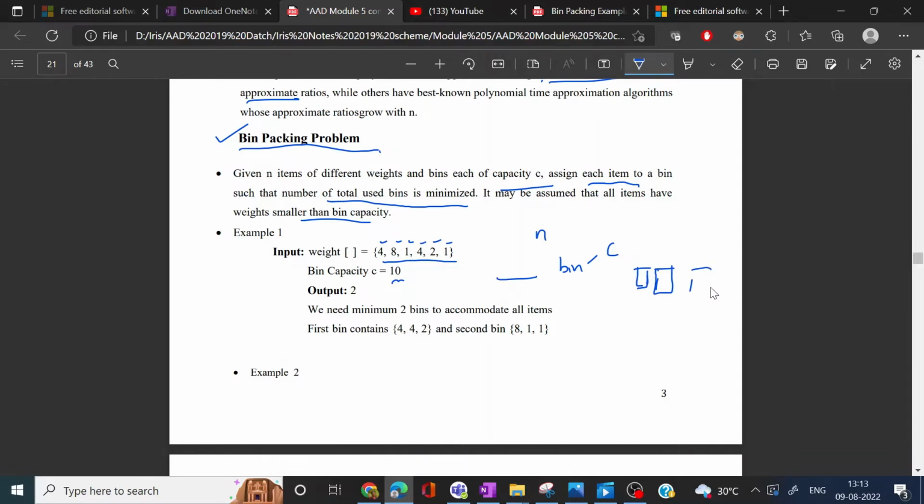So the minimum number of bins in which these items can be accommodated is 2. In the first bin 4, 4 and 2 can be placed. 4 plus 4 is 8, plus 2 is 10. And in the second bin 8, 1, 1 can be placed. So this way the minimum number of bins here is 2.